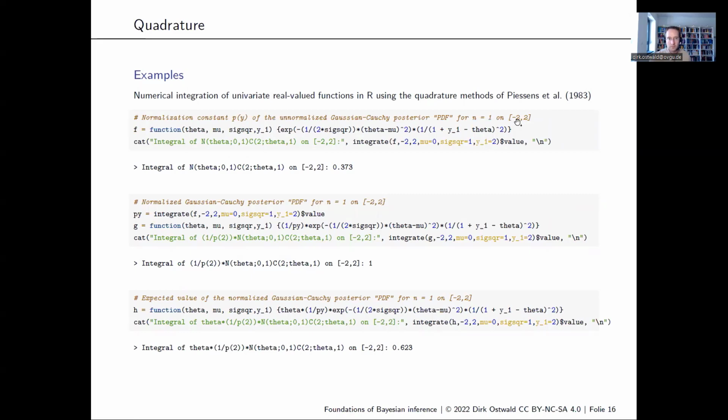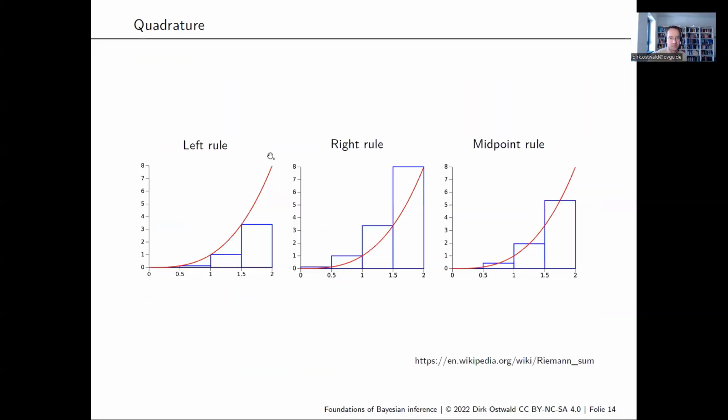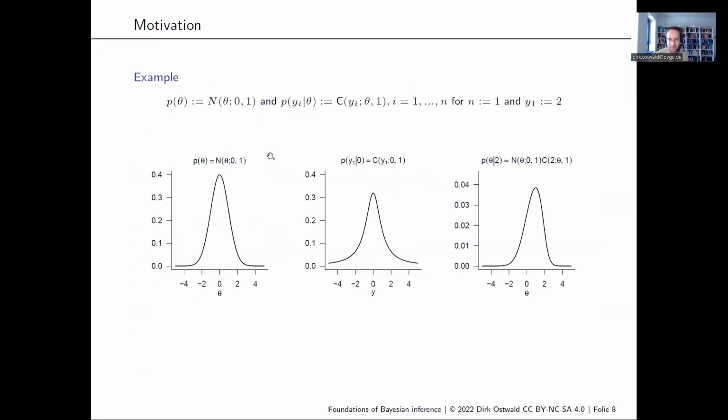That's not quite it. First of all, trying to integrate the whole thing from minus infinity to infinity doesn't work, because this problem with the Cauchy distribution is actually deeper: this probability density does not integrate to anything.